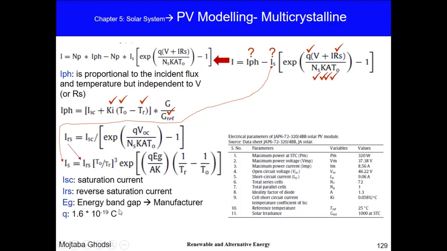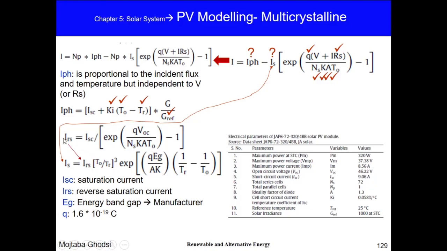EG is the energy band gap, and it will be announced by the manufacturer in the data sheet or in the catalog of the photovoltaic solar panel, and Q is a constant. As you can find here, IS is proportional to IRS, and IRS itself can be found from this equation, which is equal to ISC divided by the exponential function of Q VOC divided by NS K T minus 1.